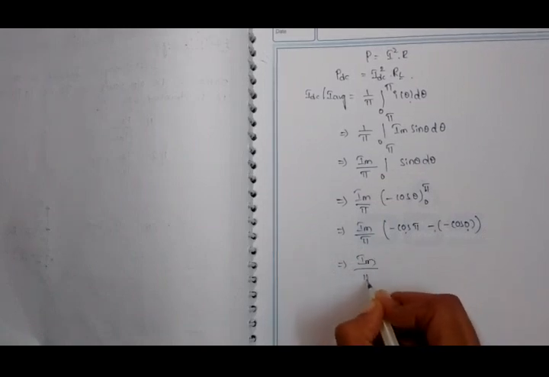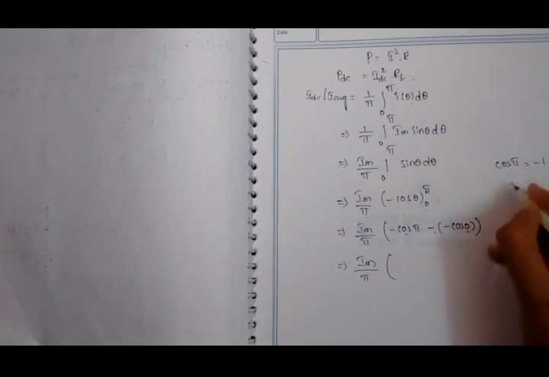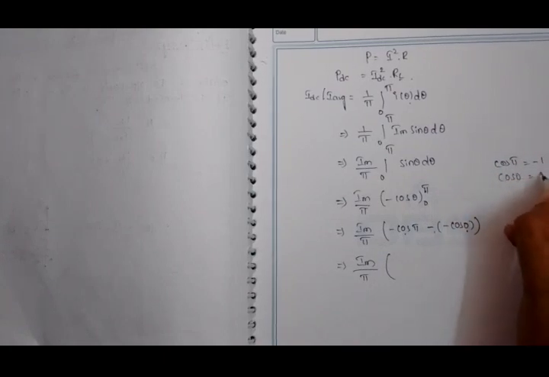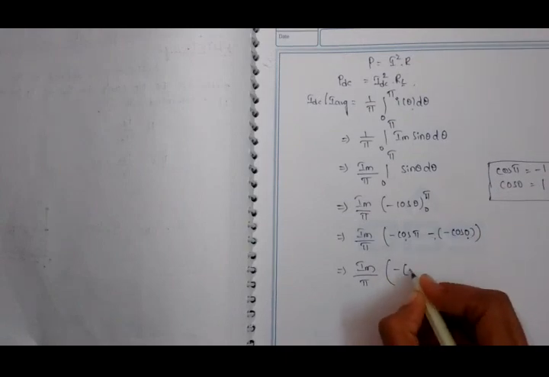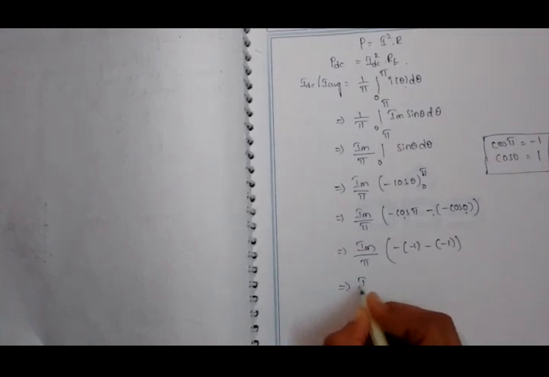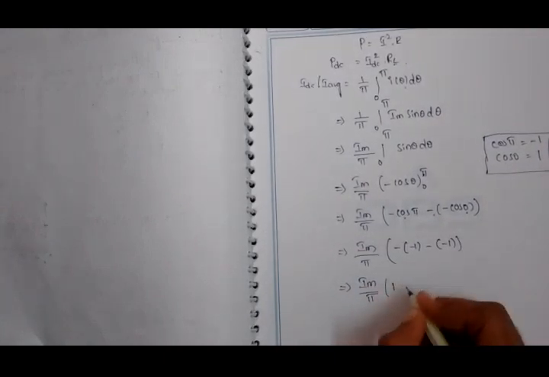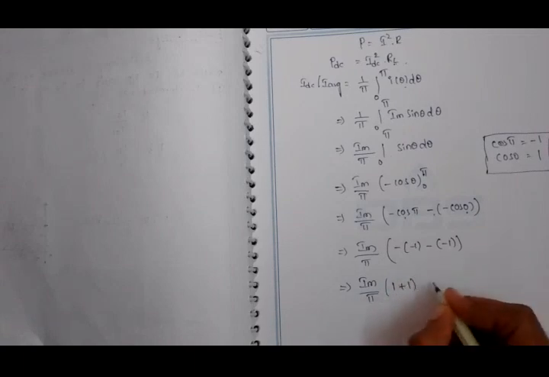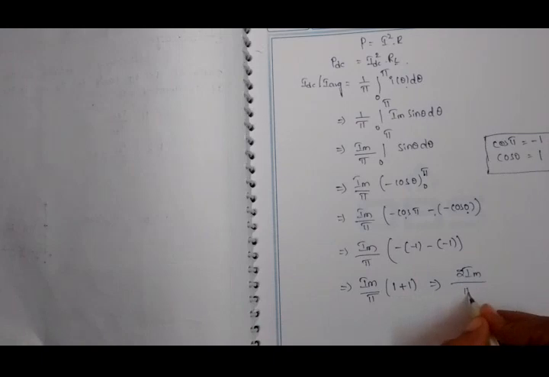Im by pi, so cos 180 is minus 1, cos 0 is 1. Minus 1, minus of minus 1. We know that minus into minus is plus. Im by pi into 1 plus 1, which is equal to 2Im by pi.